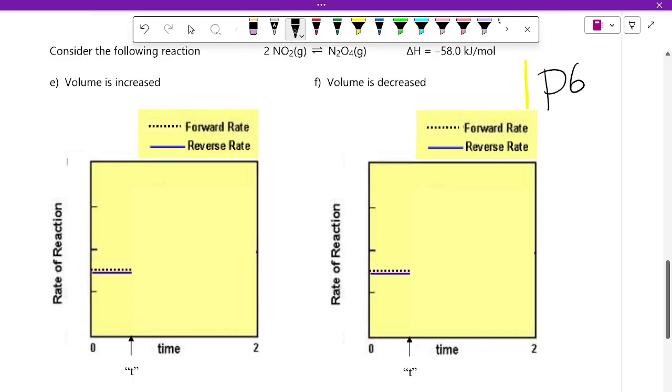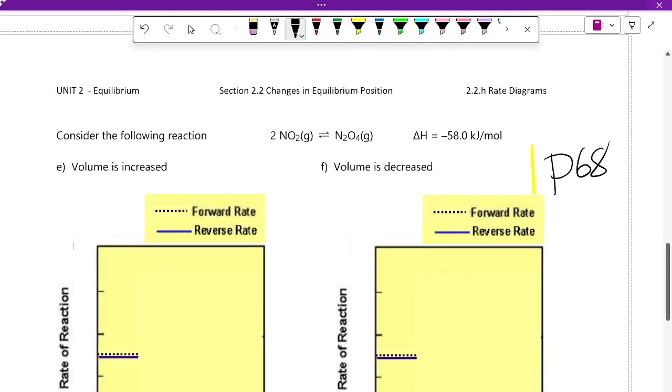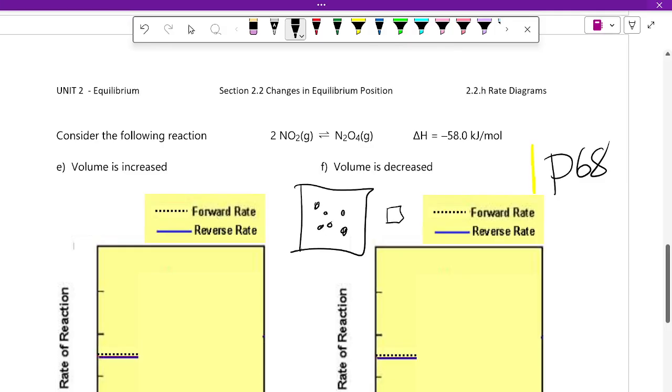In your book. I'm going to take this off because otherwise it's smacking up against the counter. There we go. And if we decrease the volume, all the concentrations are going to increase.